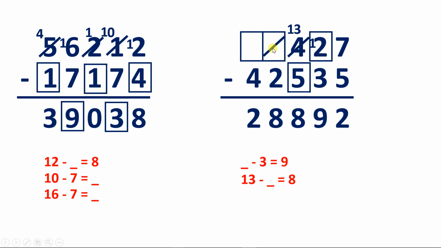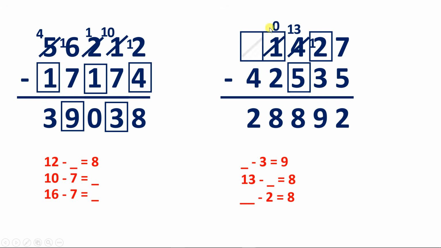Onto the thousands column, we have something minus 2 equals 8. Now we know that 10 minus 2 is 8. The last digit of the number 10 is 0, which means because we exchanged earlier, our original number must have been a 1.